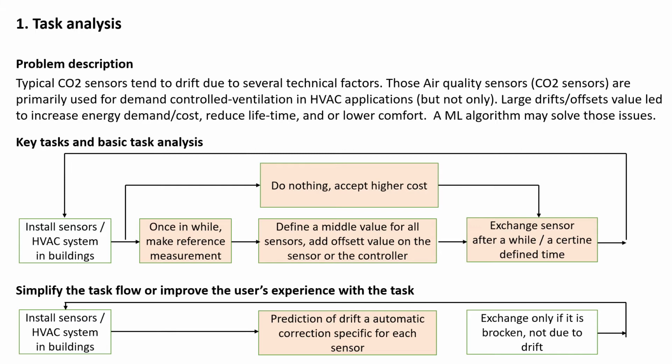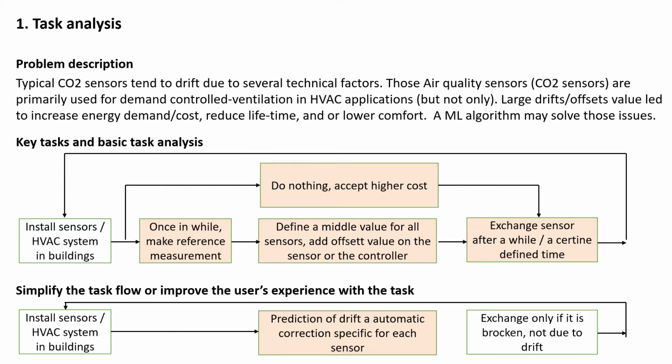Key task and basic task analysis. First of all, we have to install the sensors, typical for an HVAC system, in different buildings. After a while, and once in a while, we make a reference measurement.